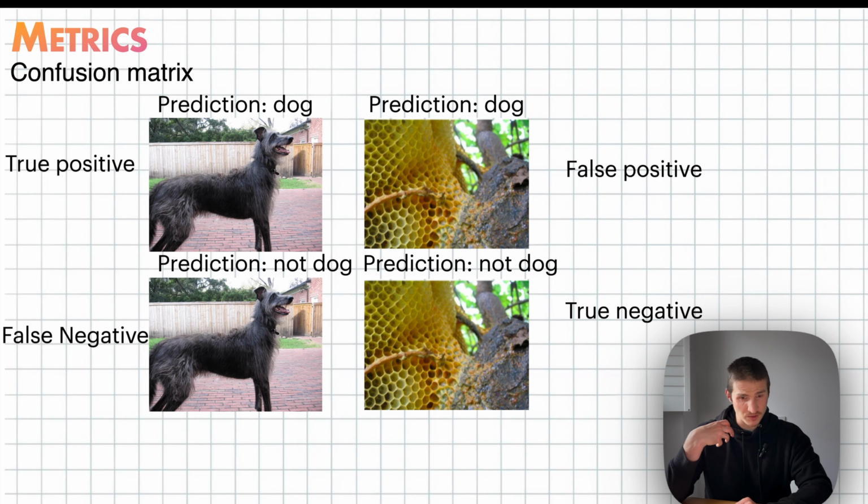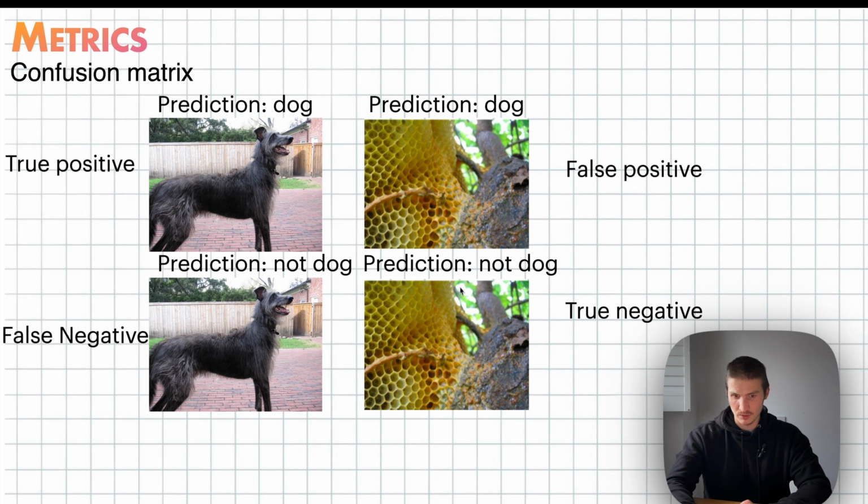Apart from errors when predicting a bounding box, we might just plain and simple misclassify an object or detect an object that is not there. And to deal with different errors that might arise from that, we talk about the so-called confusion matrix. So this is a 2x2 matrix. In the top left corner, we have the true positive, so it's a correct prediction. That is when there was a dog and we correctly predicted that there is a dog.